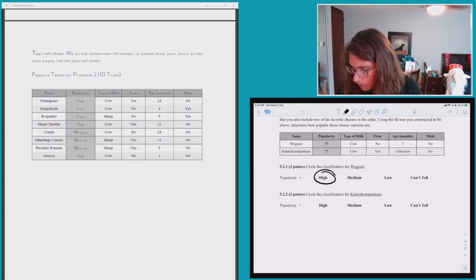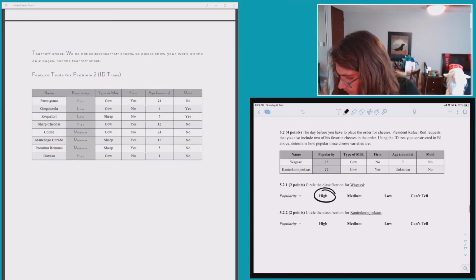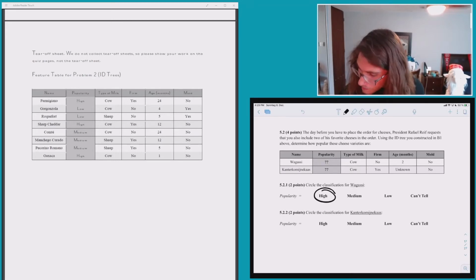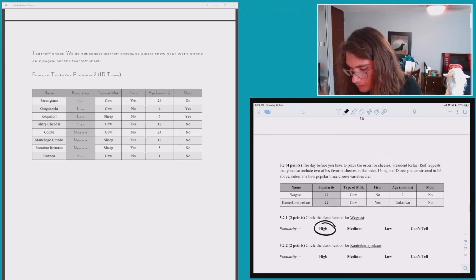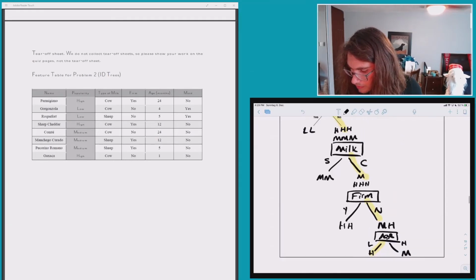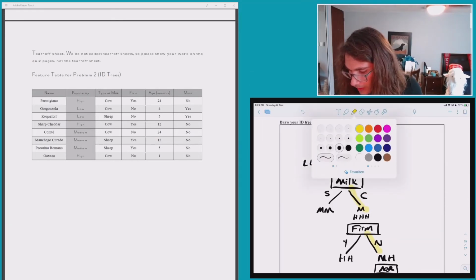And then for, I won't try pronouncing it, the Greek cheese, I'm assuming it's Greek. You may crucify me in the comments for saying that if it's wrong. Let's see, it's cow milk, it's firm, we don't know its age, and it doesn't have mold. I'll use a different color for highlighting.